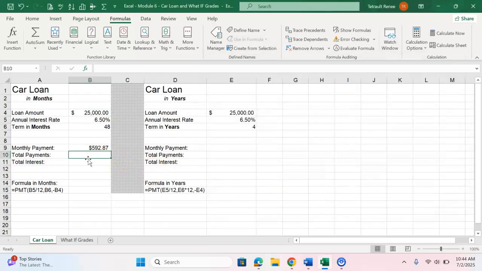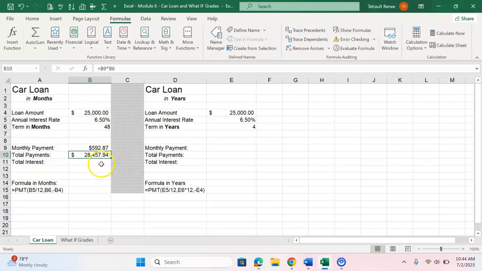The next one is the total payments. So the formula will be equals. I'll just press the up arrow. So that's my monthly payment times, and it'll be for 48 payments, 4 years, so times 48. That gives me a total of $28,457.